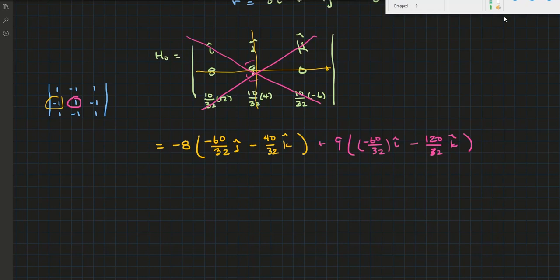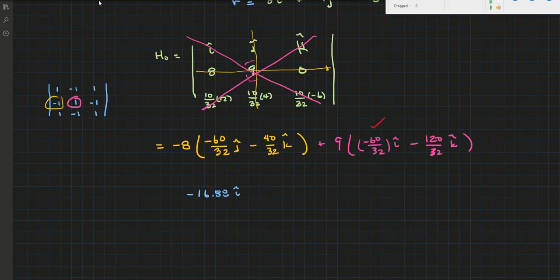We quickly group terms. For i, we have this term, and that results in a minus value, minus 16.88i.